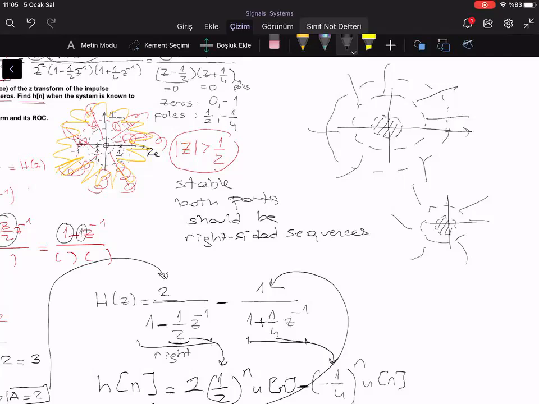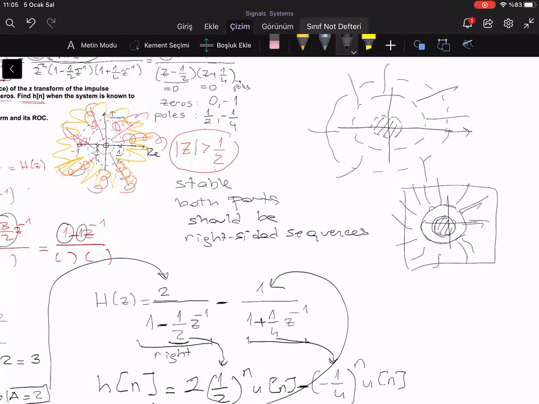Okay, so in this case, we were after the overlap because the system was stated as stable. But if it is not stated as a stable function, then you would say one of them is left-sided, the other one is right-sided. It's also possible in such a case. But usually we are given restrictions about our ROC plot, like the system is causal, the system is stable.